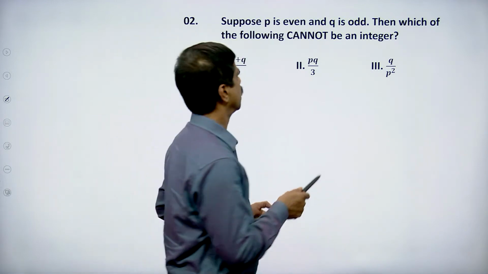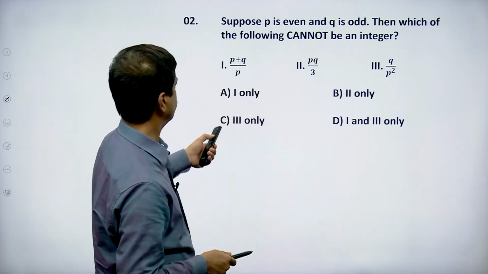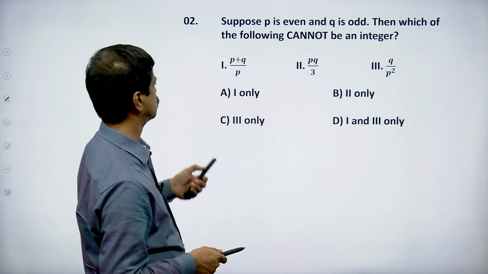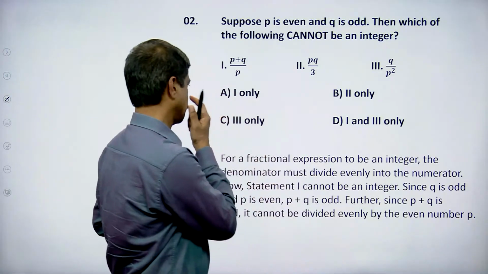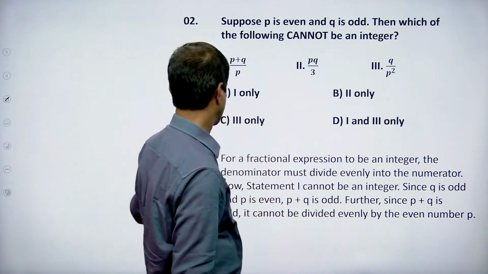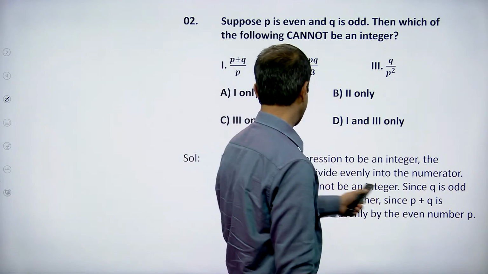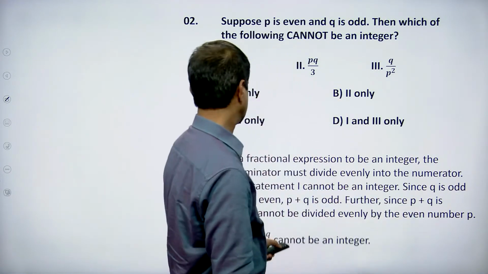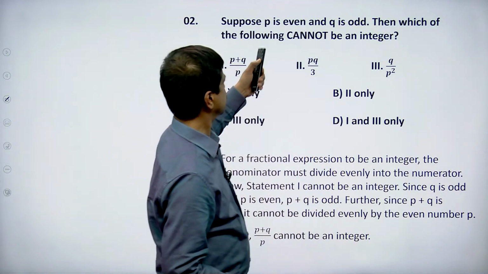So, now only 1 is true, or only 2 is true, or only 3 is true, or 1 and 3 are true. As we discussed, P is even, Q is odd means P plus Q is odd, and odd divided by an even number is not an integer. Now what is he asking?